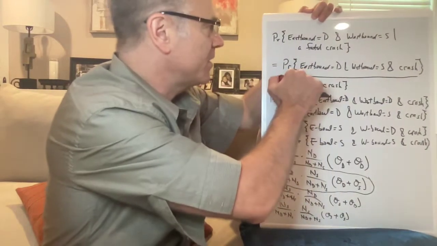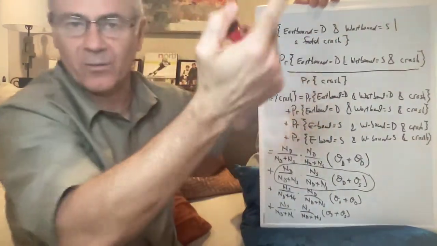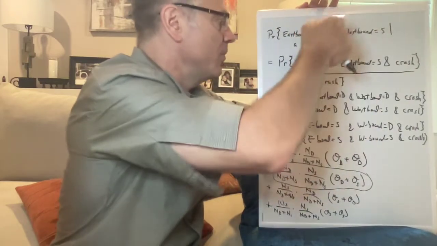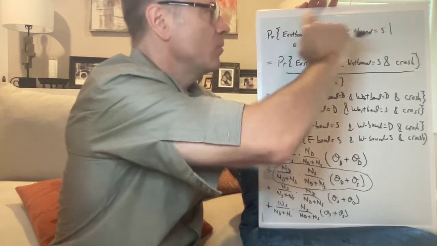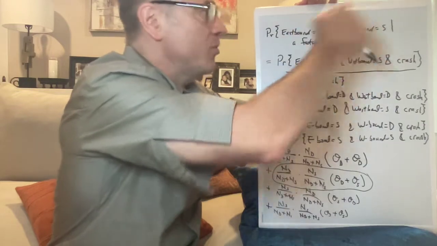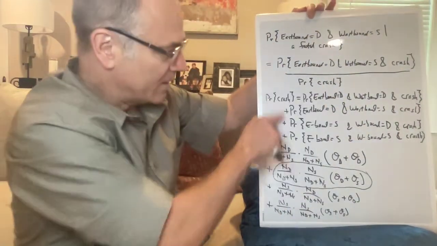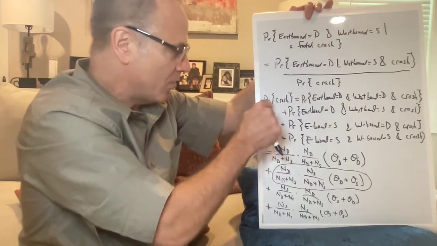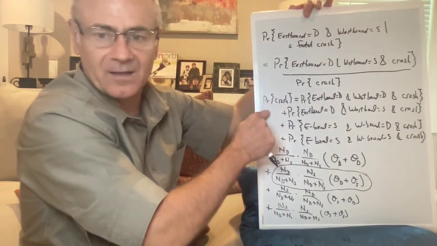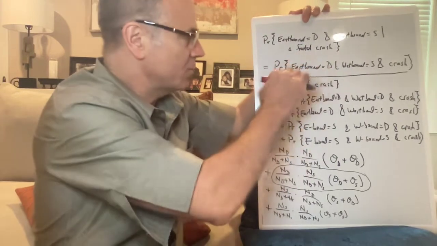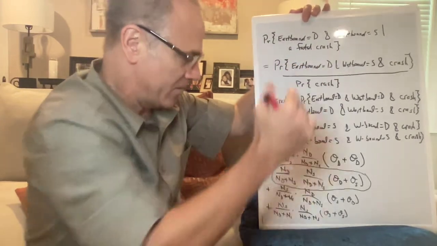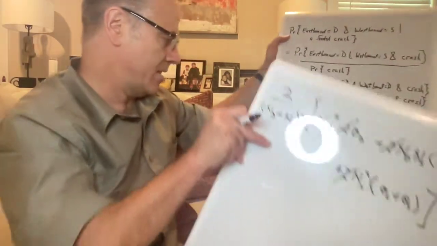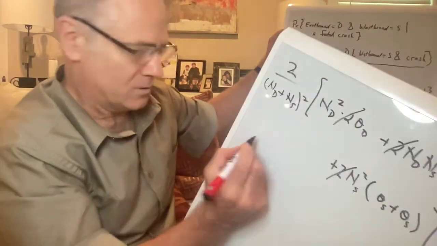So remember I said we're going to calculate 4 cases. Eastbound drunk, westbound sober, the opposite, eastbound sober, westbound drunk, both drunk, both sober. We need to calculate 4 cases, and actually we've done those on the way to calculating that denominator. So I'm just going to show you that one case, the numerator here. Let me rewrite that.